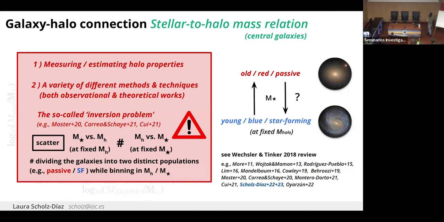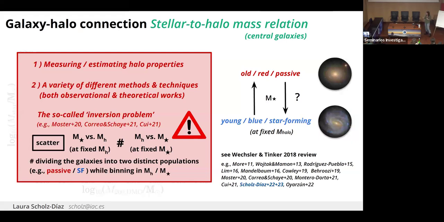But all these different works analyze the star to halo mass relation in observation in many different ways, not only measuring halo masses in different ways, but also analyzing the data in different ways. In the case of simulations, it is also not trivial, because the way in which you implement the baryonic physics in your hydro simulations, for example, can affect how the scatter of the star to halo mass relation is connected to galaxy properties.